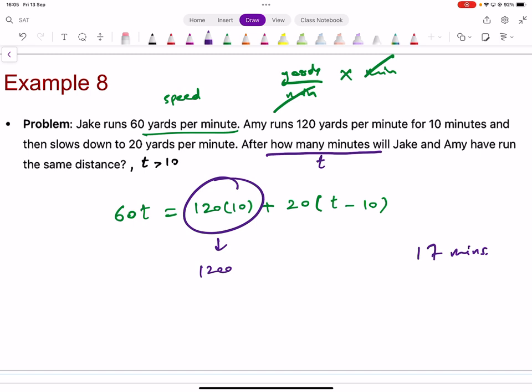So the rest of the distance will be 20 into 7. How have we gotten to this number 7? It's 17 minus 10. Now if it was T instead of 17, generally we are assuming the time to be T. So if it was T, it would be T minus 10. Okay?